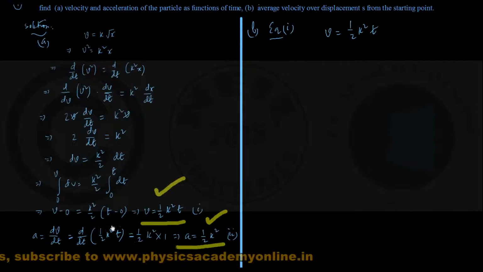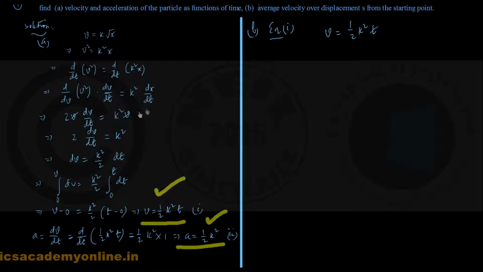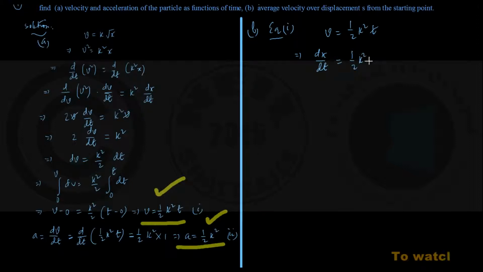And since v can be expressed to be derivative of x coordinate with respect to time, dx dt, rate of change in position with time, that is velocity only, and that is equal to half into k square into t.